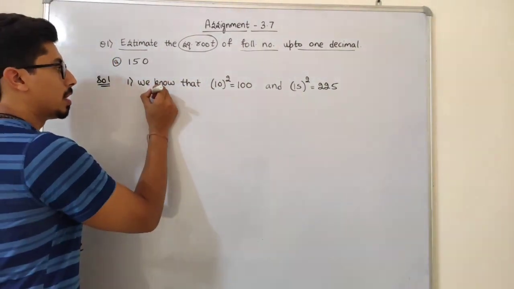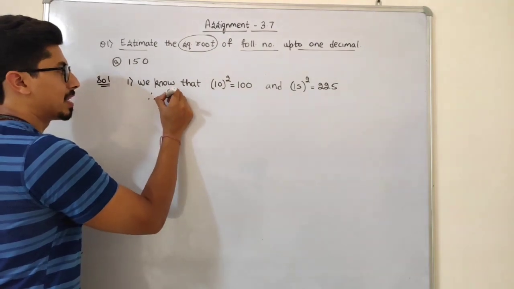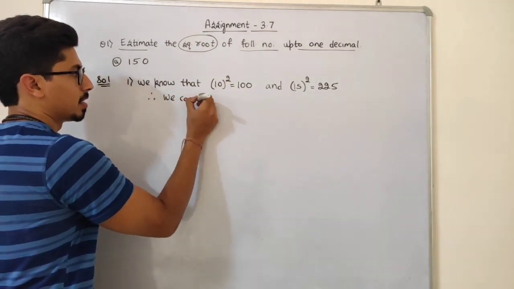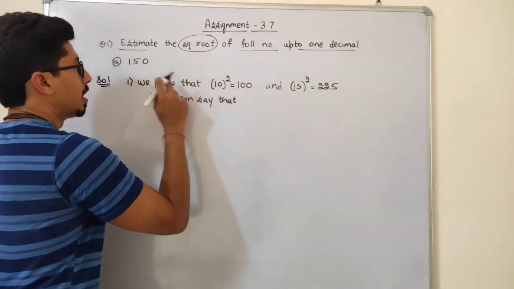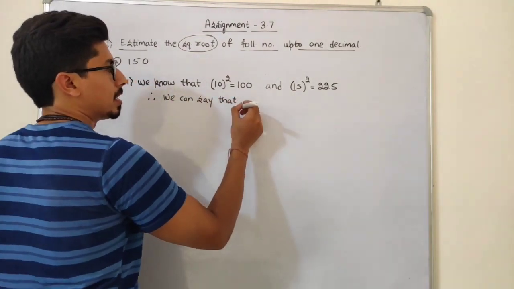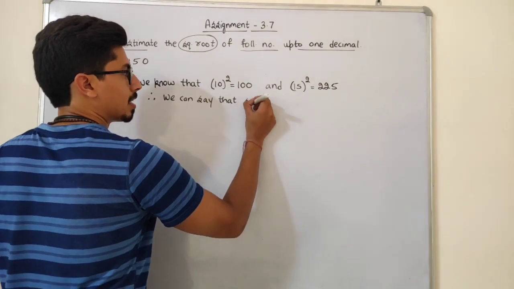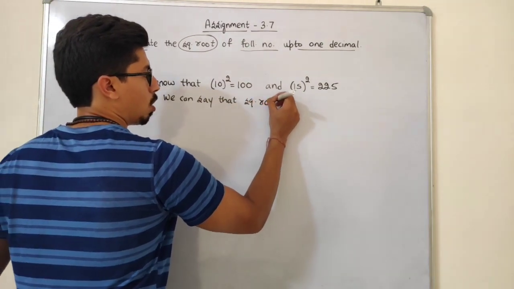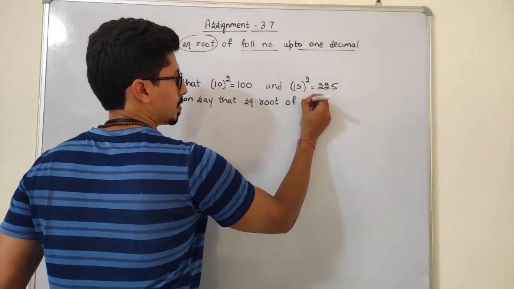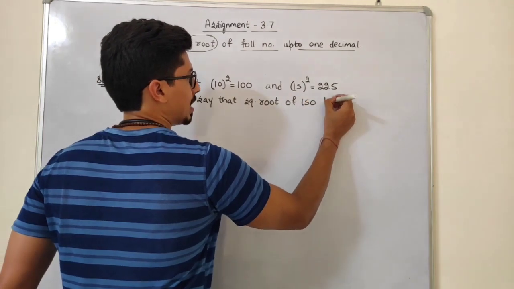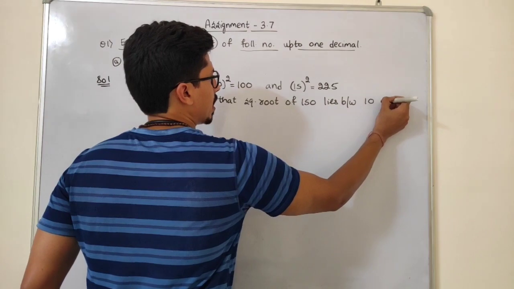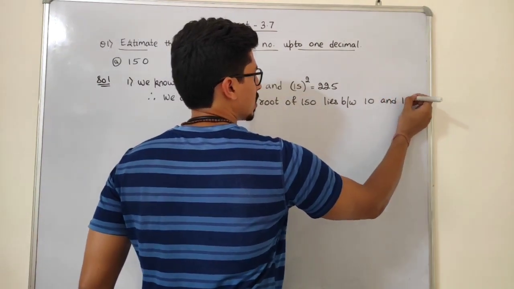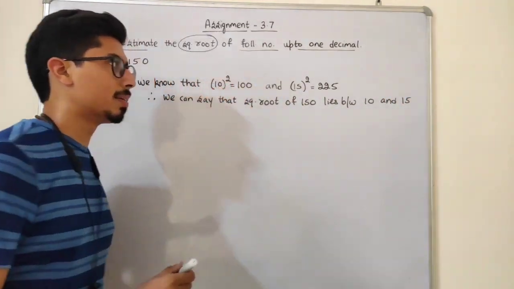Therefore the square root of 150 lies between 10 and 15.